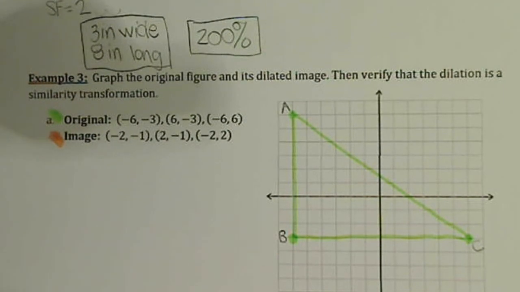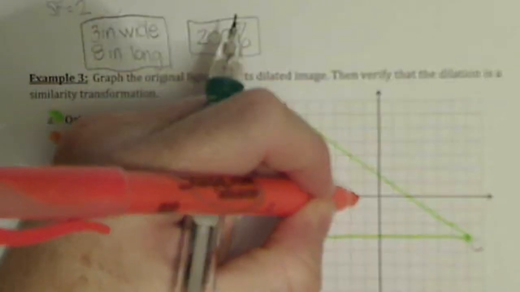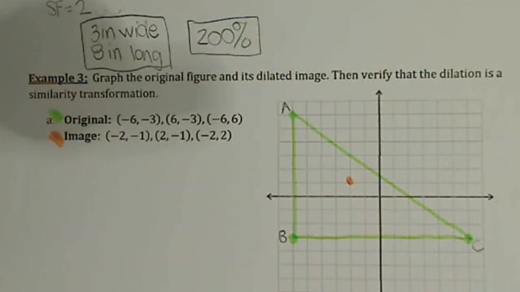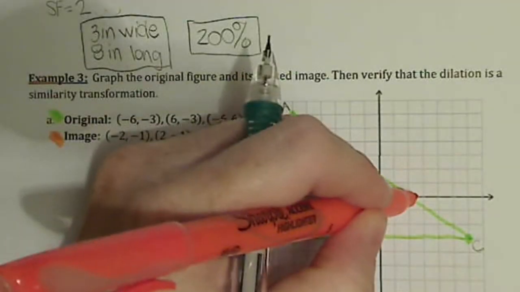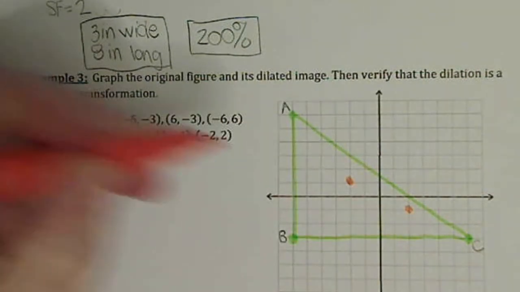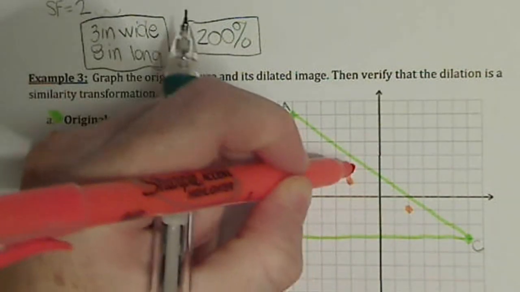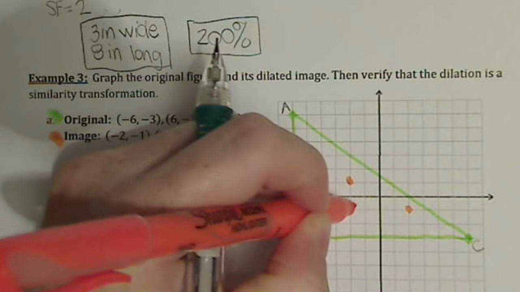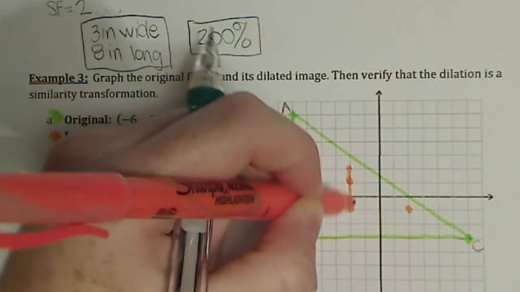I'm going to graph it in orange. So we have -2, 1, 2, -1, and -2, 2. Oops, that's this one.